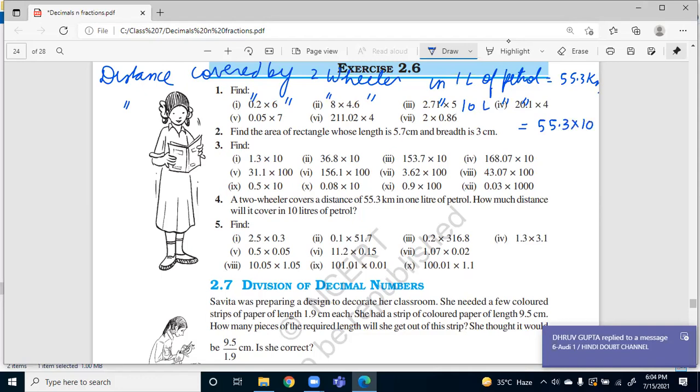If I am multiplying it by 10, then the decimal will shift one place towards the right, so it becomes 553 kilometers. We have the distance covered in 1 liter, and for the distance covered in 10 liters of petrol, I have to multiply it by 10.